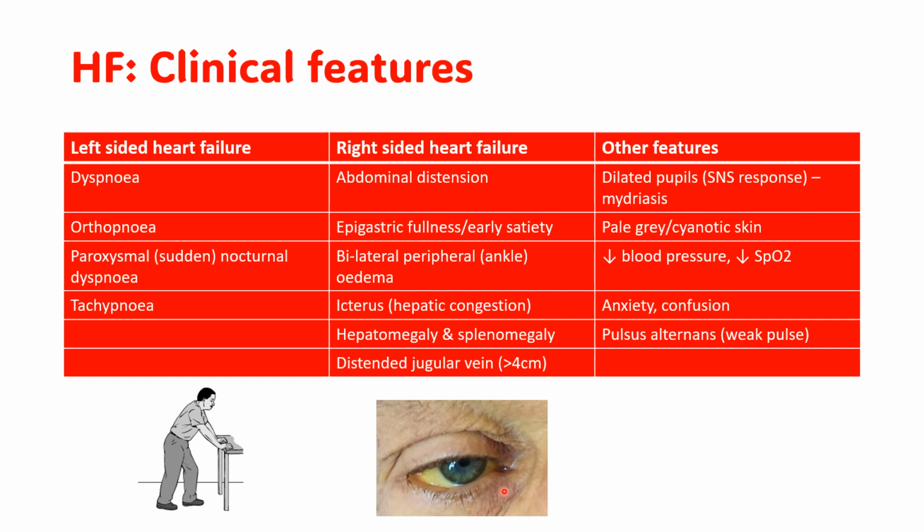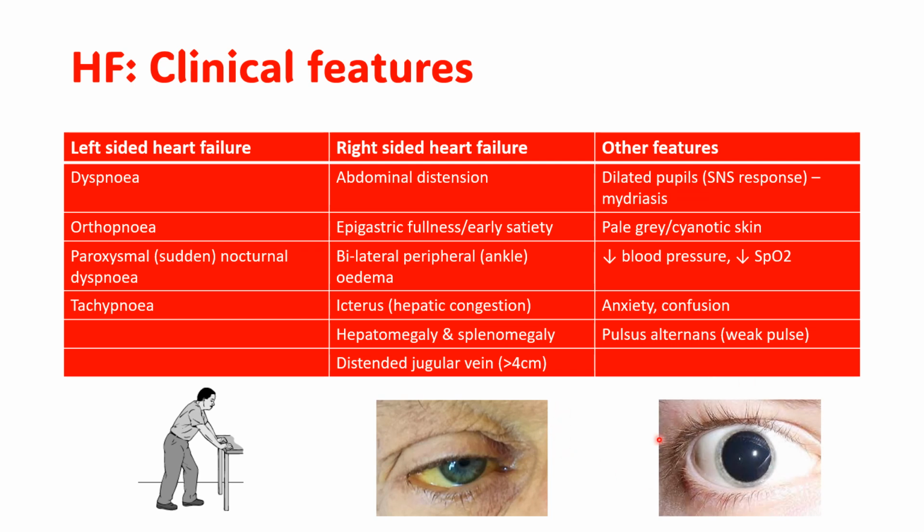You're going to get blood going back into the inferior vena cava, and then congestion within the hepatic circulation, leading to damage and leakage of bilirubin, and the bilirubin collects within the sclera of the eye. That's why the sclera is yellow. And this is just an example of mydriasis, of dilated pupils.